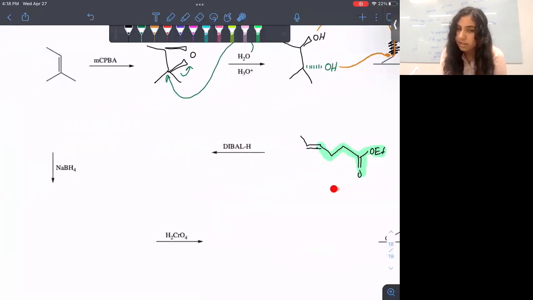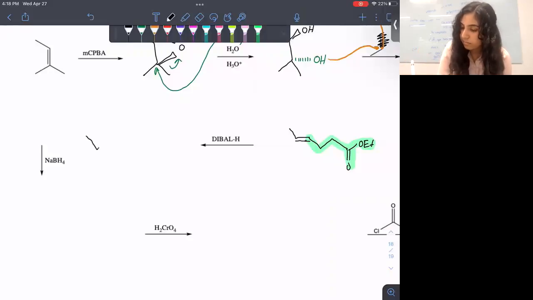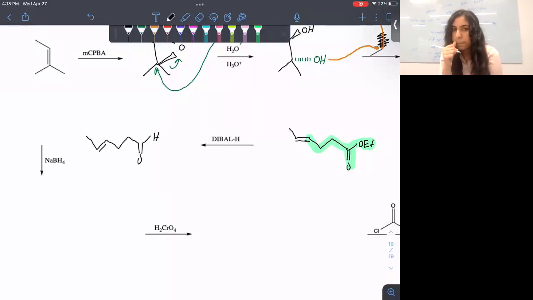All right, after we've made this, the ester from the Horner-Wadsworth-Emmons is retained, and now we're giving it DIBAL. DIBAL, all it does, it turns esters into aldehydes. So all we did was change that into an aldehyde.